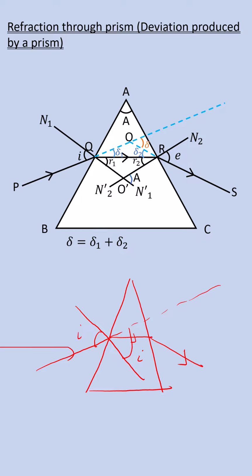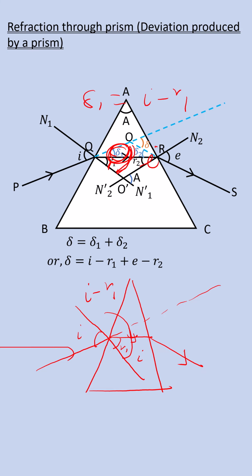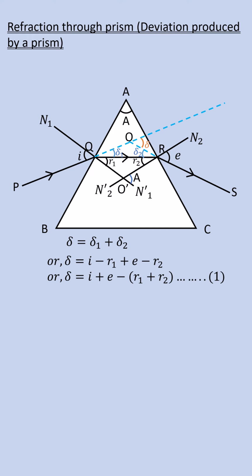Since this is R1, this angle becomes I minus R1. That's why this delta 1 is equal to the total angle I minus R1. Similarly, delta 2 equals E minus R2.